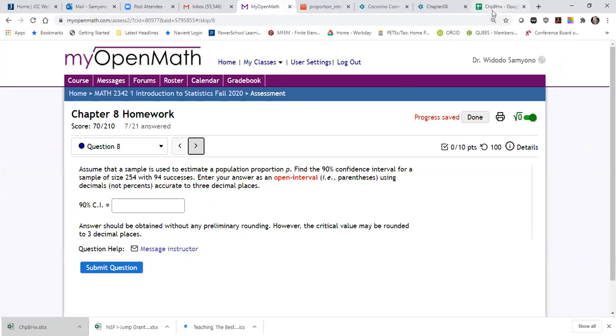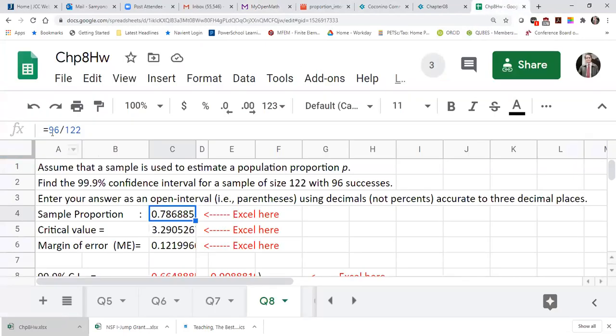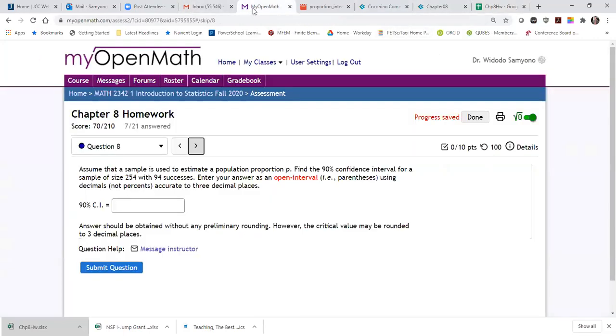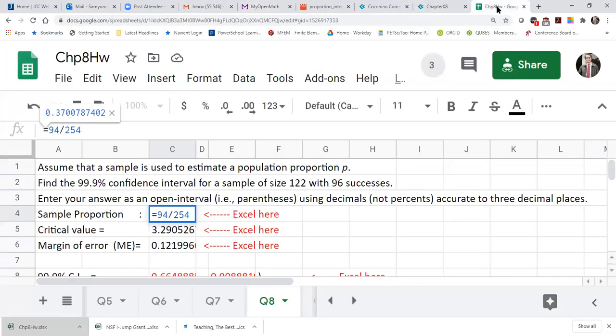So 94 divided by 254, okay? So this was the sample proportion.